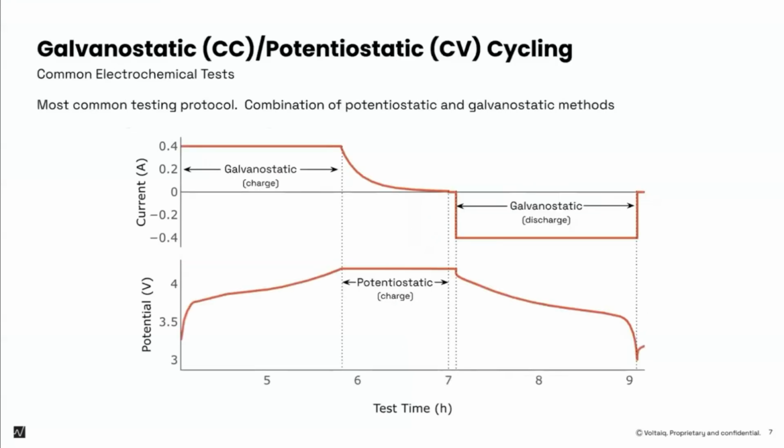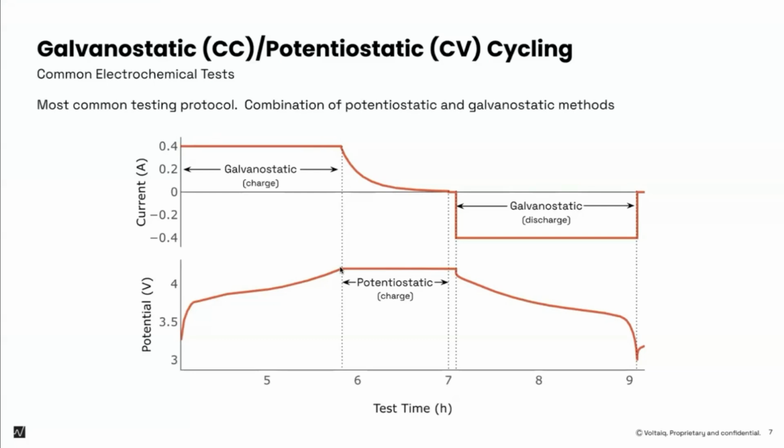Most of the time where we see potentiostatic cycling get included is when we do a galvanostatic, like a constant current charge, with a kind of taper charge at the very end. So what happens is that you normally cycle at a galvanostatic current, so a constant current right here, and then eventually you're going to switch, let's say you hit 4.1 volts as your cutoff voltage right here.